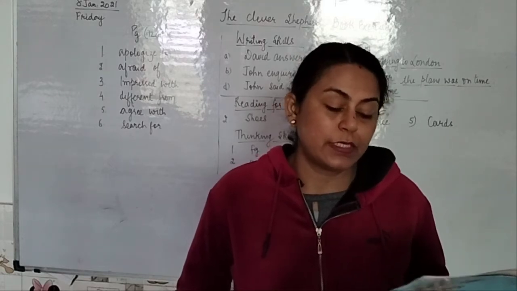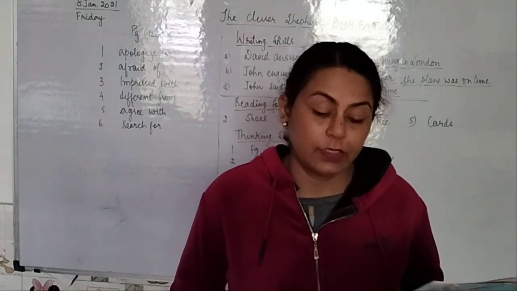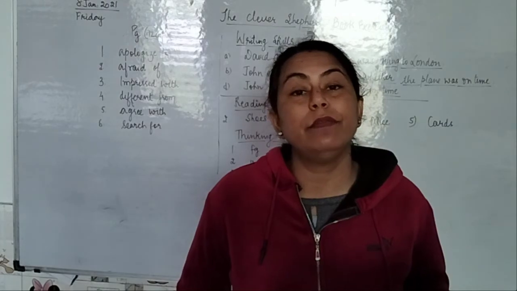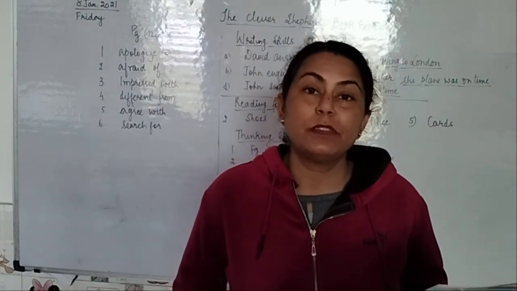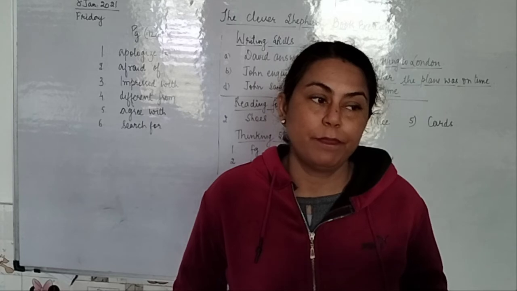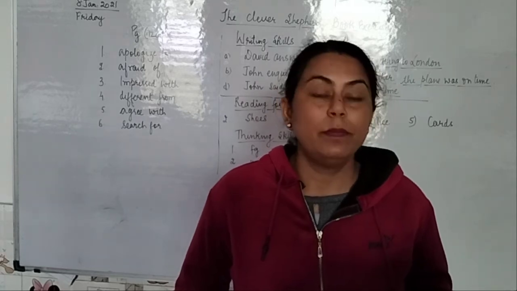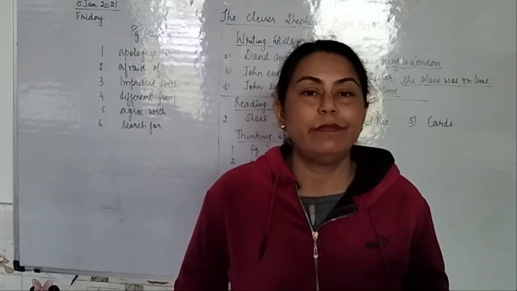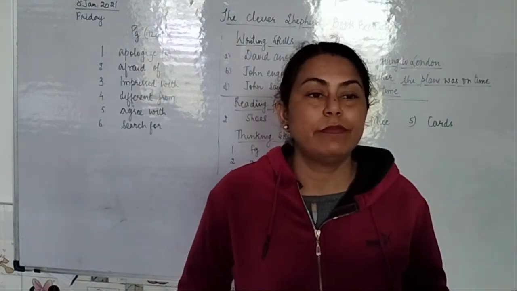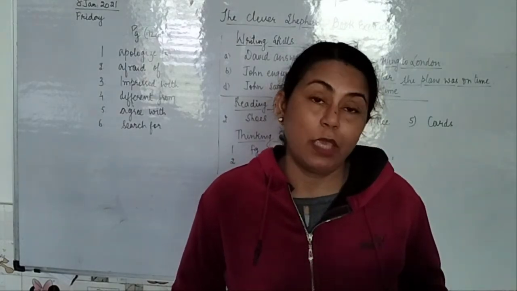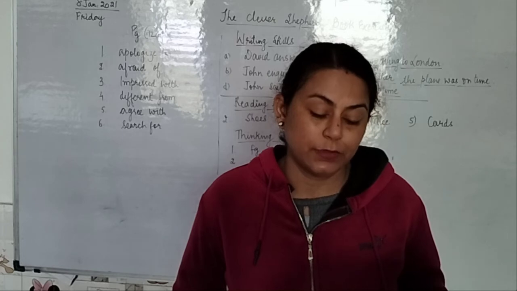The story was set in a small town in France and the year is 1815. The name of the bishop is Myriel. Myriel was an old man of about 75 years. How old was he? 75 years. So what was the name of the bishop? Myriel.